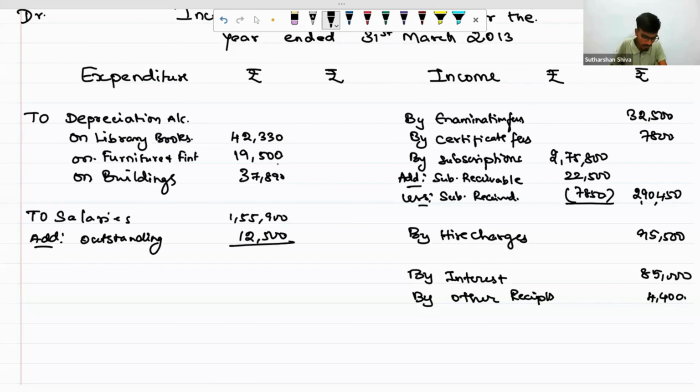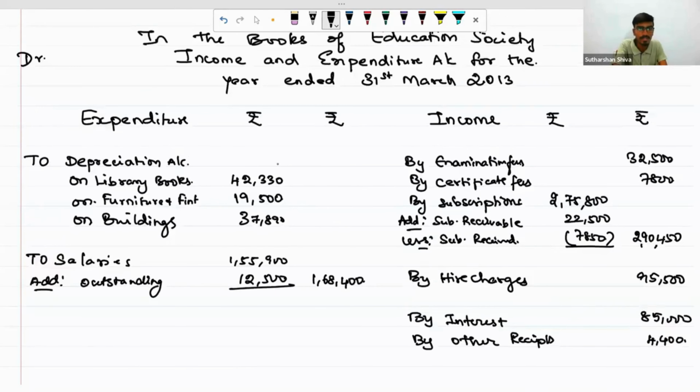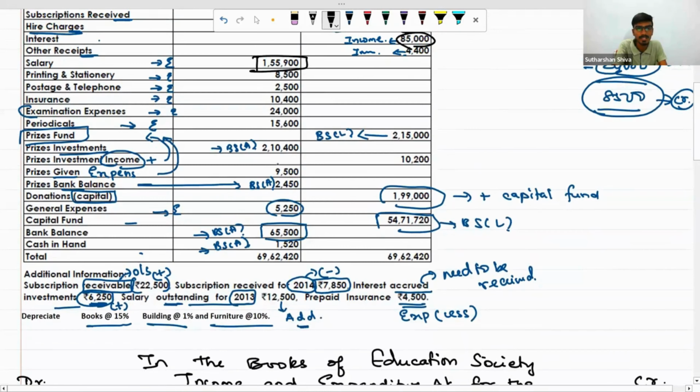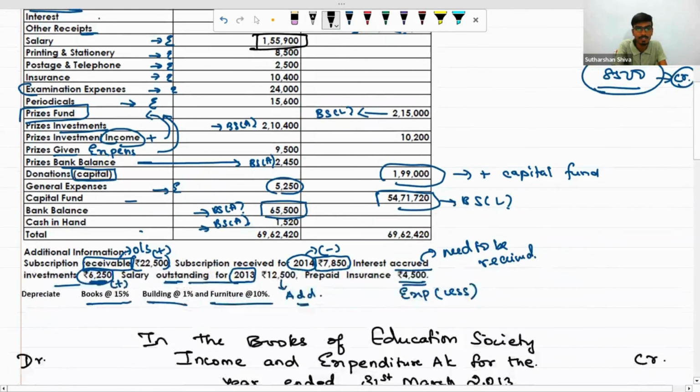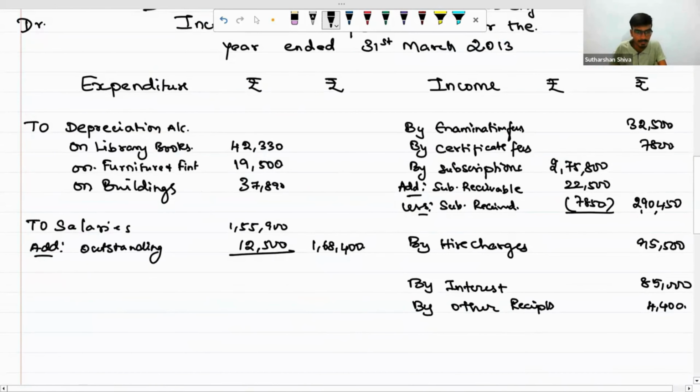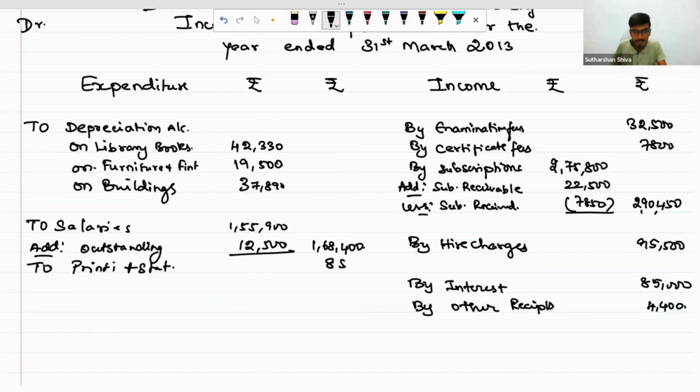If I add 1,55,900 plus 12,500, we get 1,68,400. Then I have printing and stationery 8,500, postage 2,500. I'm just simply doing the posting, nothing more than that. So to printing and stationery 8,500.